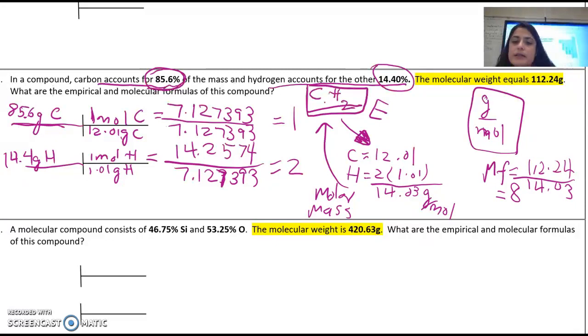Basically saying that there's 8 of these 14.03 in this 112.24. So now you take this 8 and you multiply with your empirical formula. So you're going to do 8 times CH2, and you will get C8H16, and this is your molecular formula.